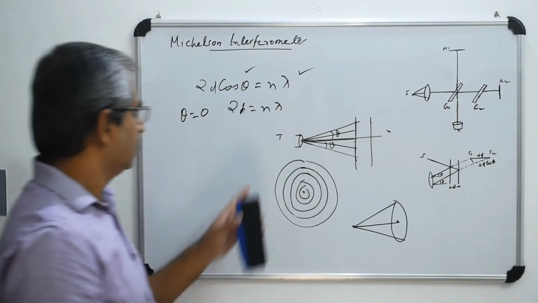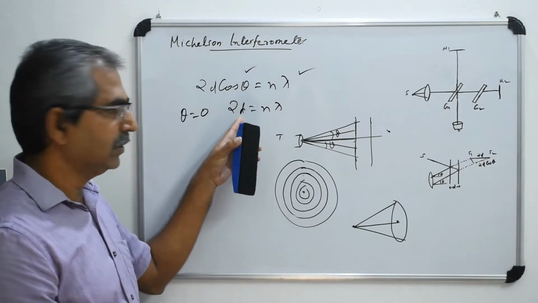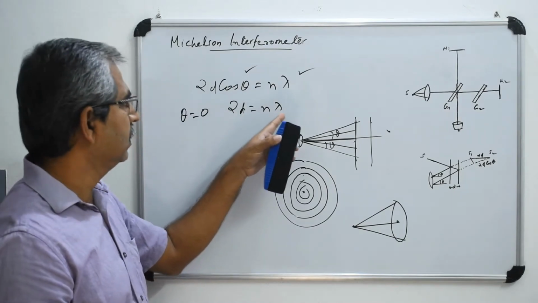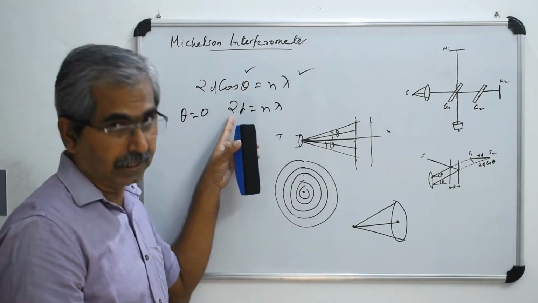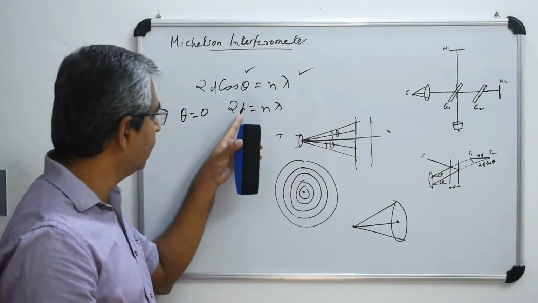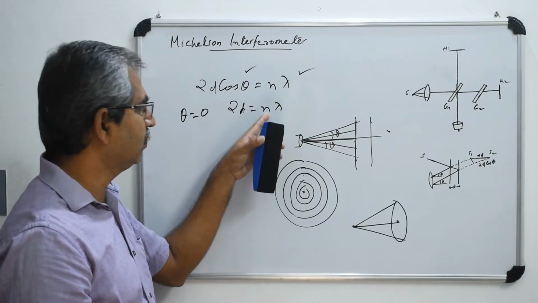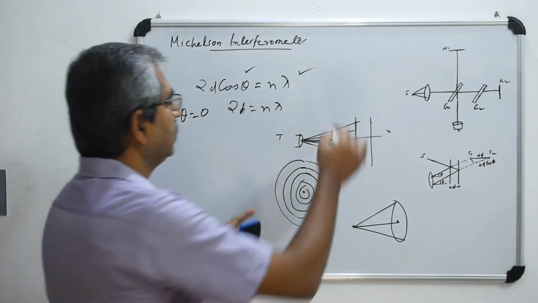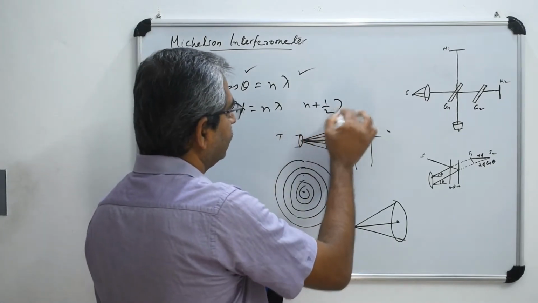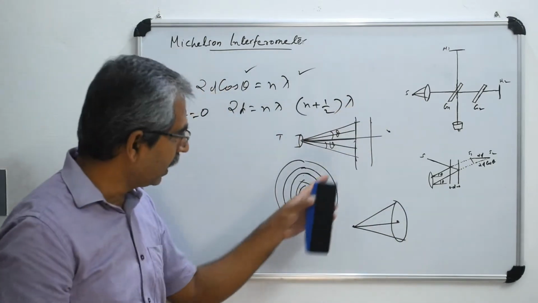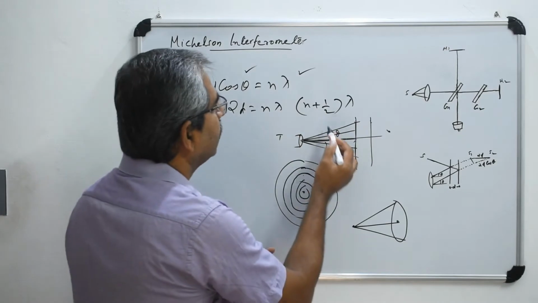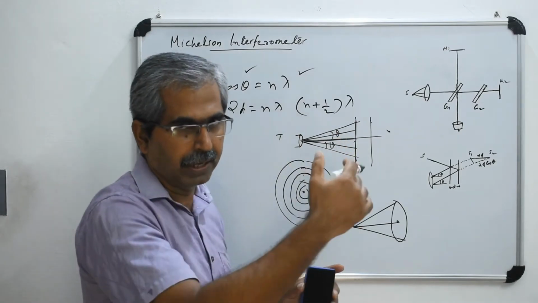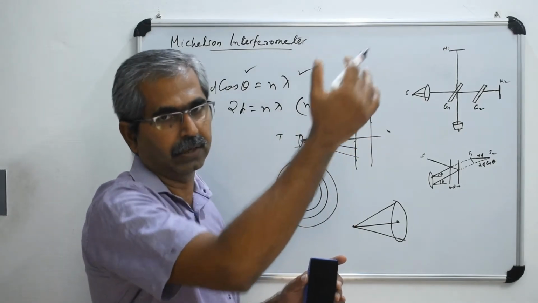That means if the path difference is an integral multiple of lambda, you will get a dark fringe there. And if 2d satisfies the condition for the bright fringe, that means n plus half lambda, then you have a bright spot at the center. If you move away from that, you can see alternate bright and dark fringes.